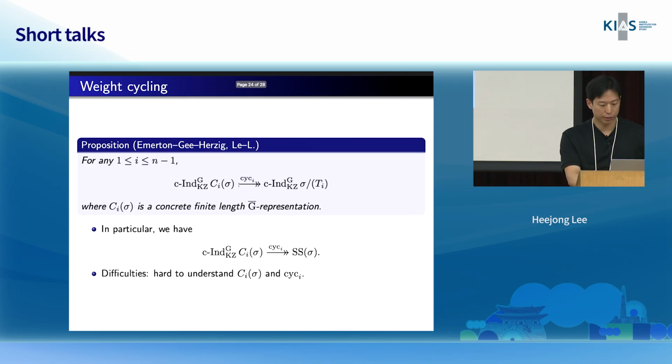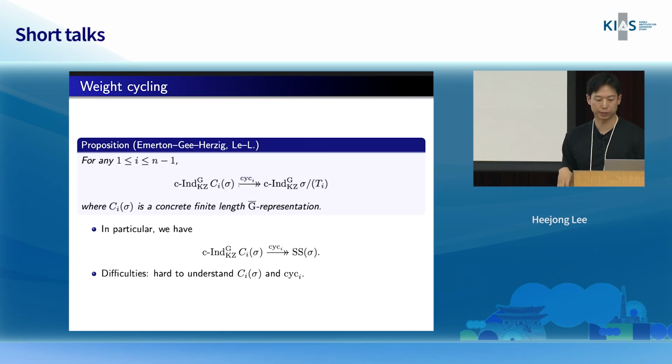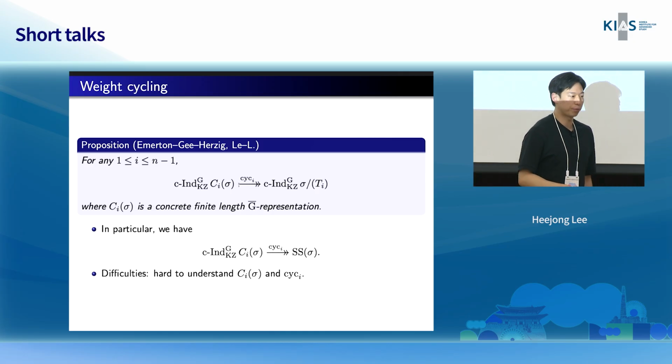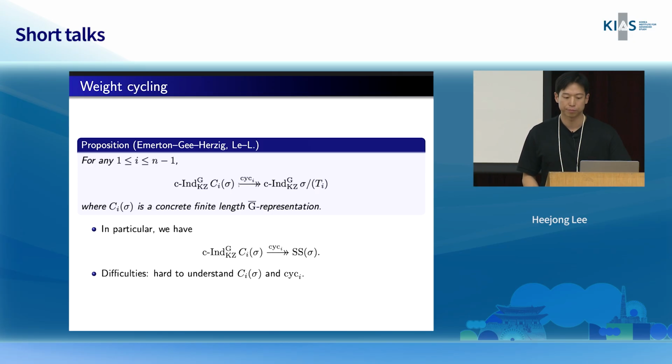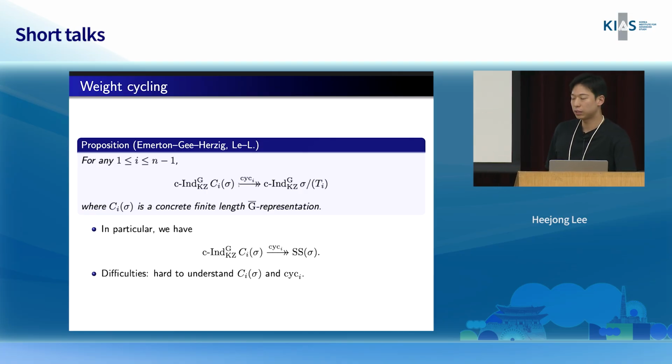But a consequence of this is that we also have a map from this compact induction of Ci onto the universal supersingular, and this is what we want to study. It is something more concrete, and that's how we would like to approach this universal supersingular. The difficulty is that we do not know very much about this Ci sigma, and also this cycling map is quite hard to understand.